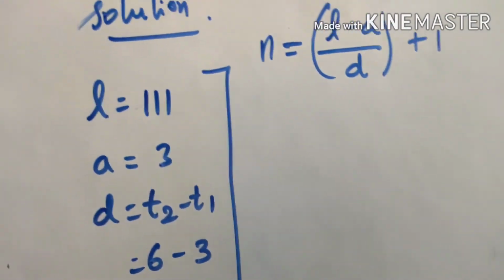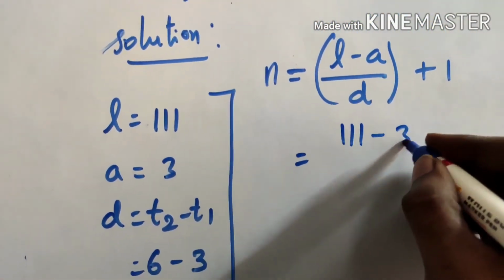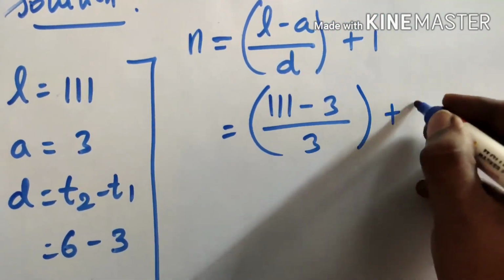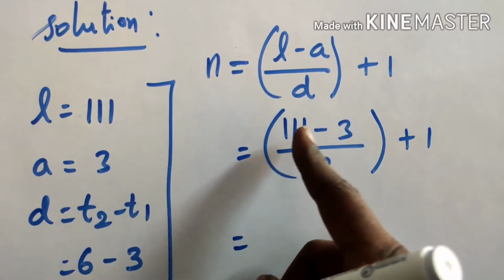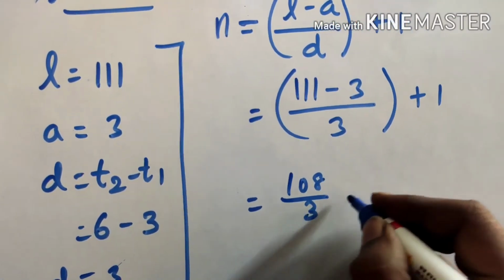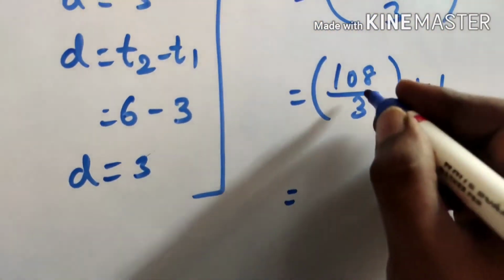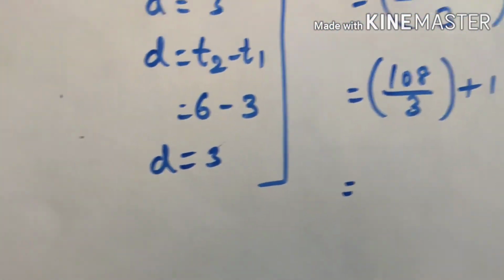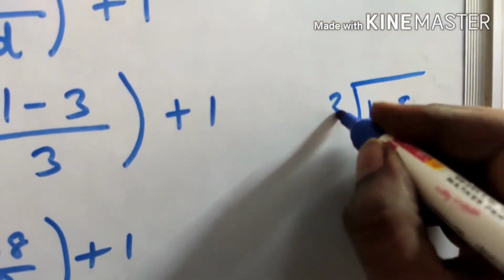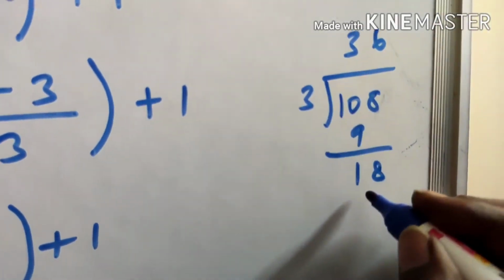Now we are going to apply this. n equal to L 111 minus A 3, by D is 3, plus 1. So first subtract: 111 minus 3 is 108, by 3, plus 1. But always use the bracket. So 108 by 3, you cancel, or if you want to divide, you go and divide. 3 3s are 9, remaining 1. 6 3s are 18.